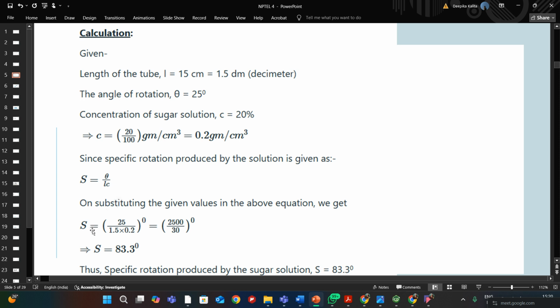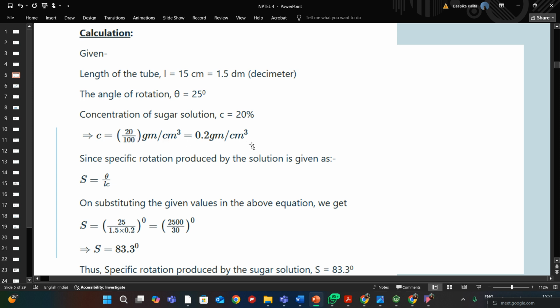Hence, S will be 25 degrees divided by 1.5. 1.5 is the path length in decimeter into 0.2. So 0.2 is the concentration of the sugar solution. It is given in 20%, so we have converted it into gram per centimeter cube.